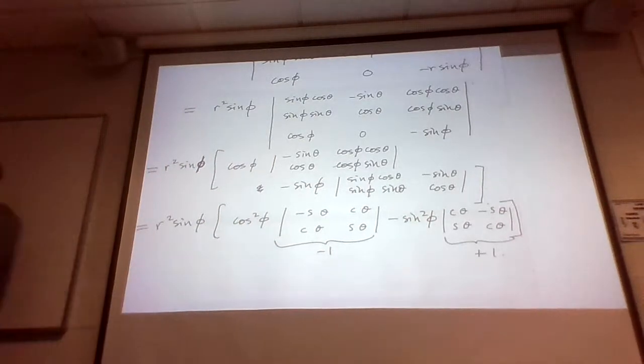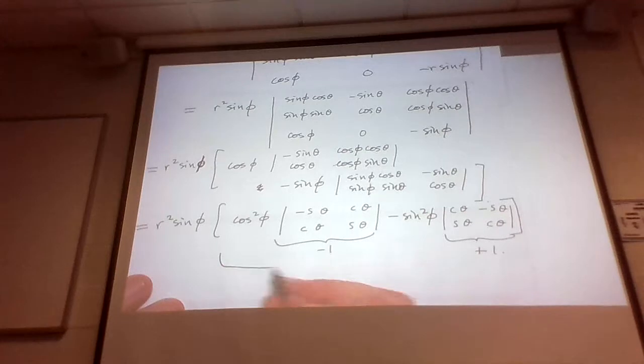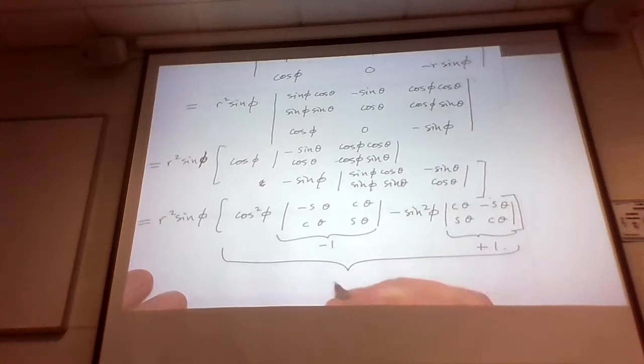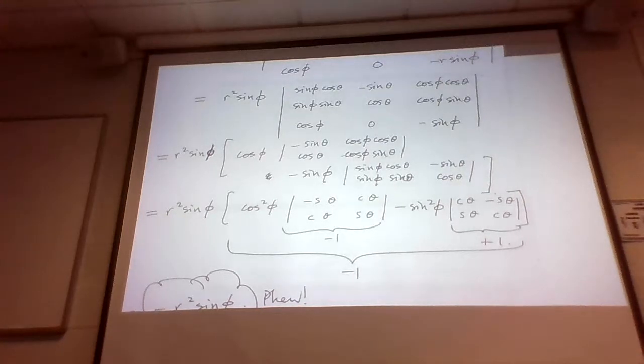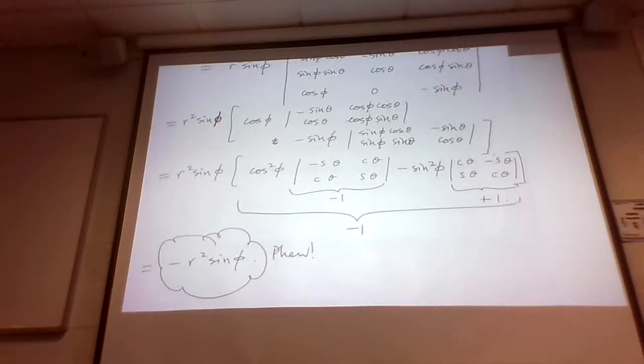That's minus 1. So the whole big square bracket comes out as minus 1. So the Jacobian is minus r squared sine phi. Okay? And that's the last thing we need in order to do the translation of the integral.